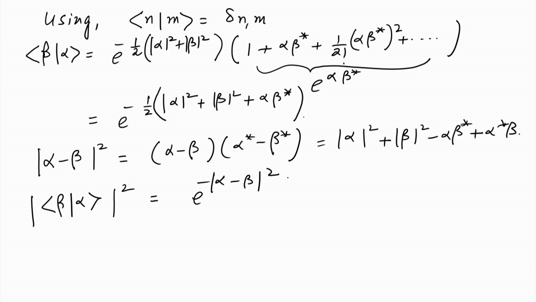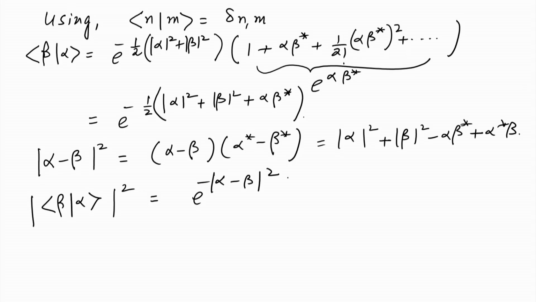So, the main thing is that after doing all this algebra, it turns out that the coherent states are not orthogonal, and in fact, they are only orthogonal when alpha is much greater than beta, or alpha minus beta is much greater than 1.